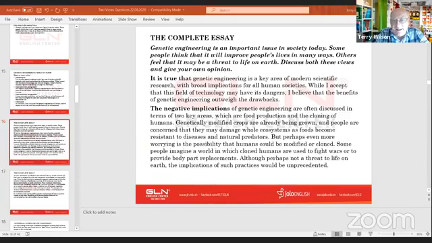And then a second sentence explaining how people are worried about genetic engineering and humans being modified or cloned. And then I give an example of people's fears about how cloned humans might be used.